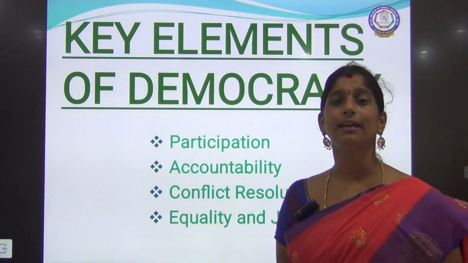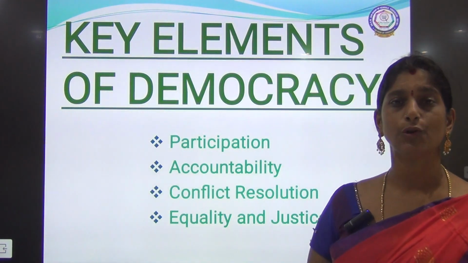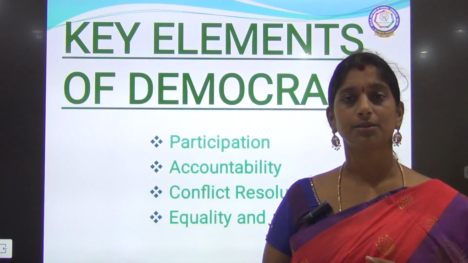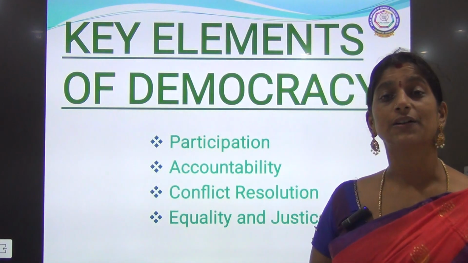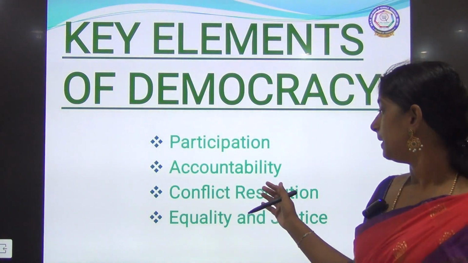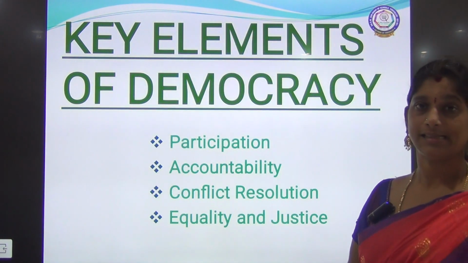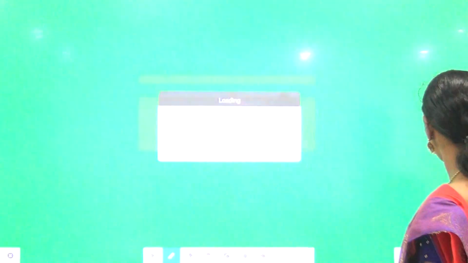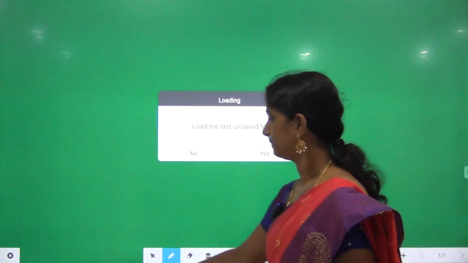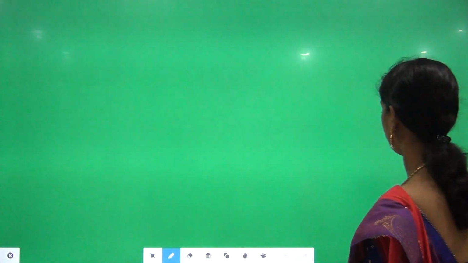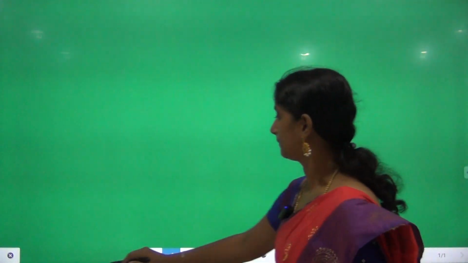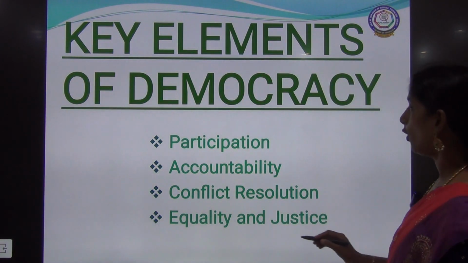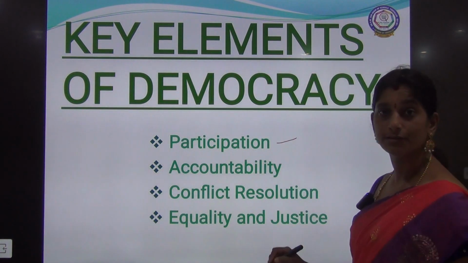So these four are the key elements of democracy. They are participation, accountability, conflict resolution, and equality and justice. So we all know what is participation.